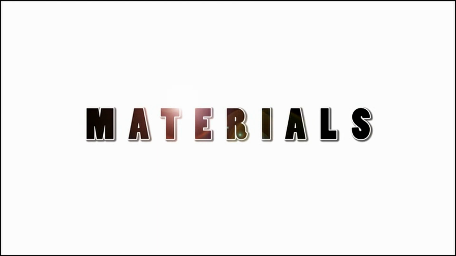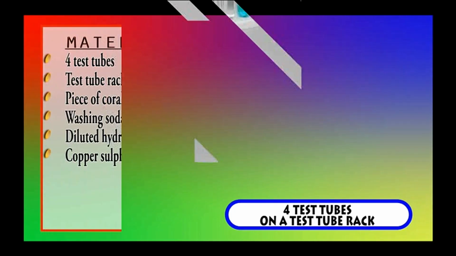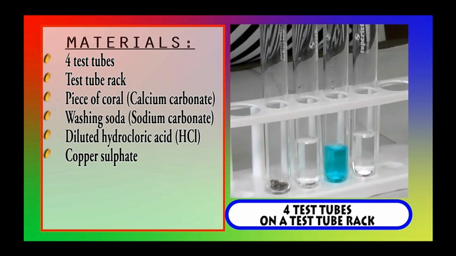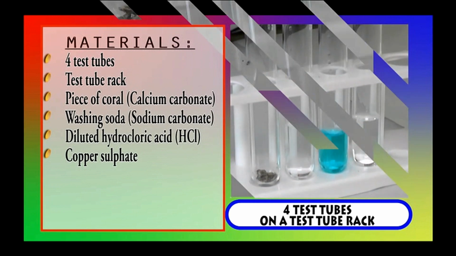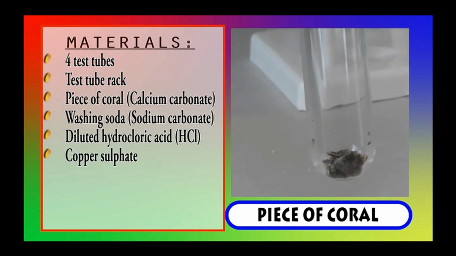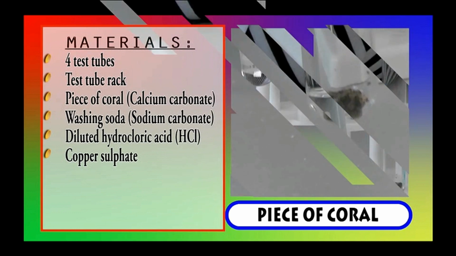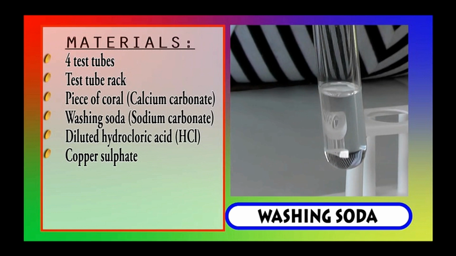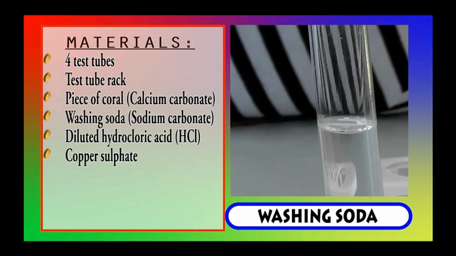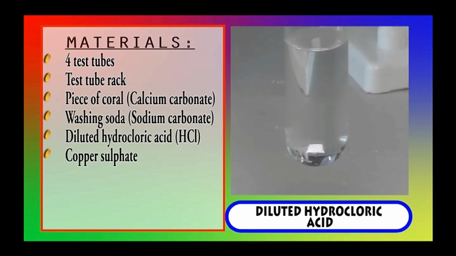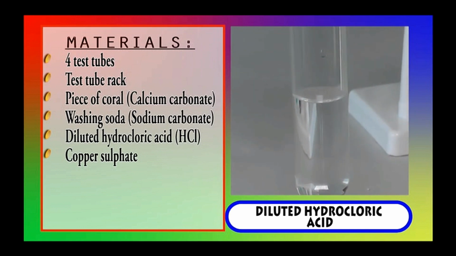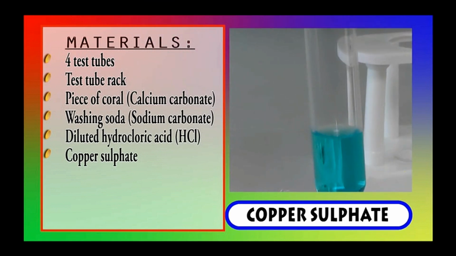The materials needed for this experiment are 4 test tubes on a test tube rack, a piece of coral, washing soda, its chemical name sodium carbonate, diluted hydrochloric acid, and copper sulfate.